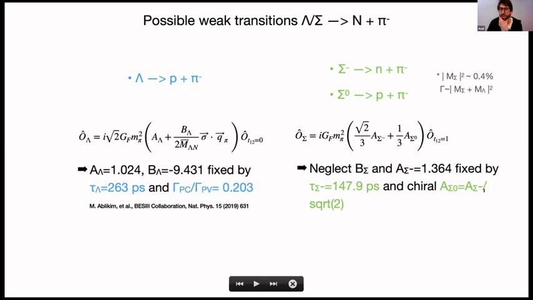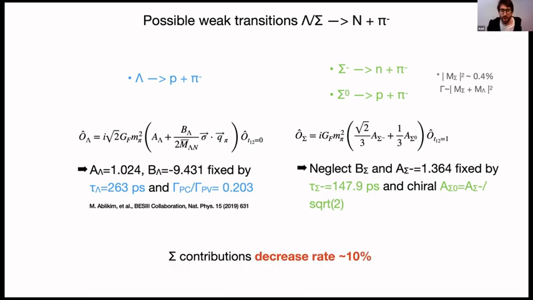So for that, we use the chiral Lagrangian prediction, which just adds a factor 1 over square root of 2. And if we compute this and include it, the main message I want to give here is that it is relevant and it decreases the rate by about 10%. So it works in the opposite direction to the final state interactions between pion and nucleus.